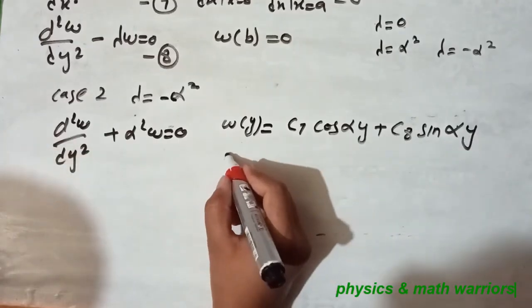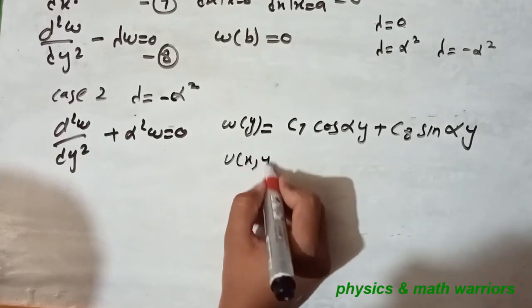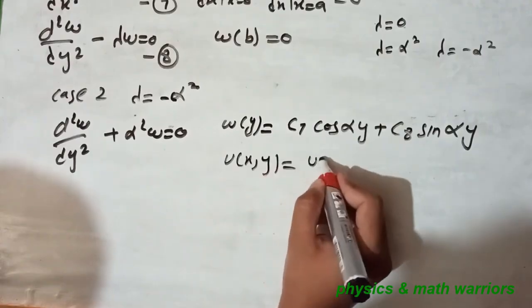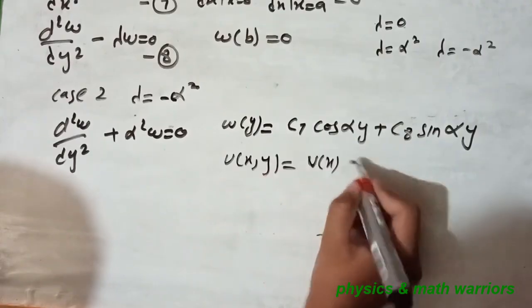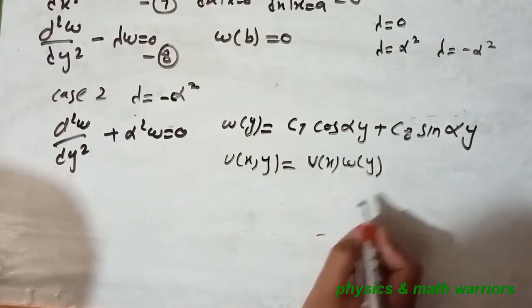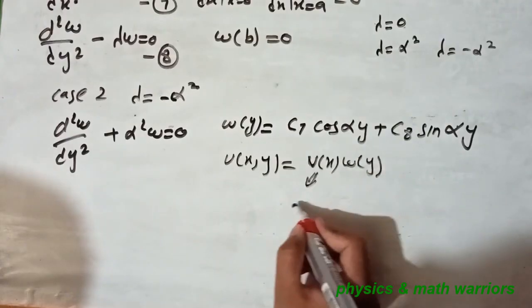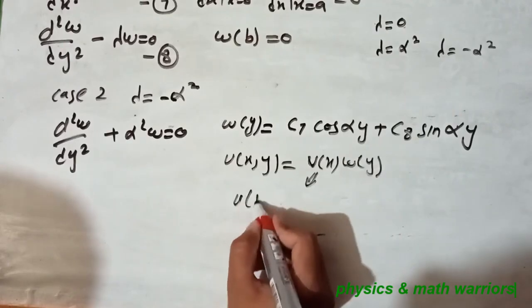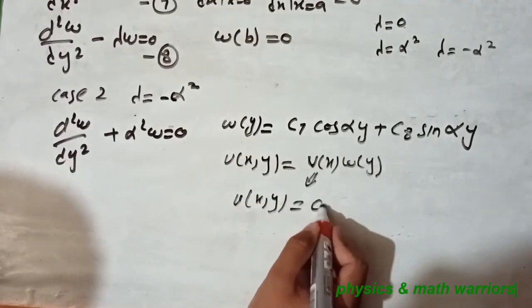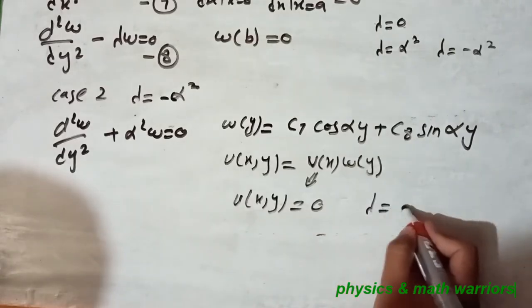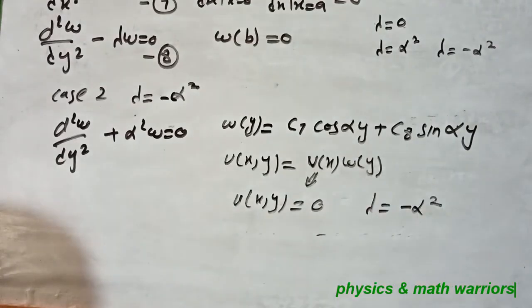And we have considered u, which is a function of x and y, equal to v of x times omega of y, and v of x is equal to 0, so u of x and y is equal to 0 for lambda is equal to minus alpha square.